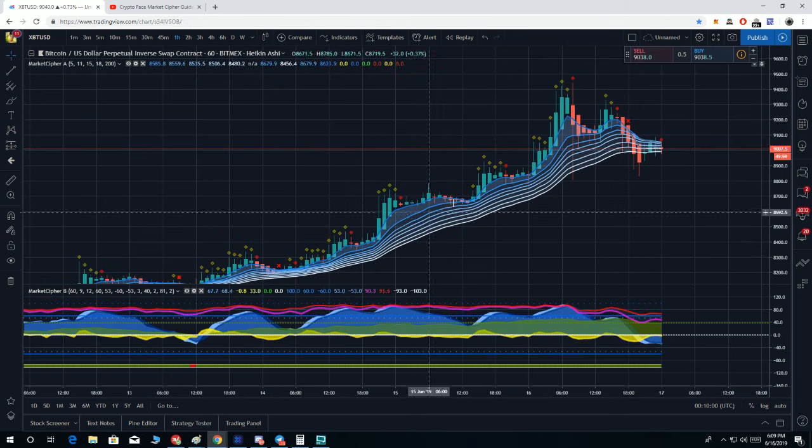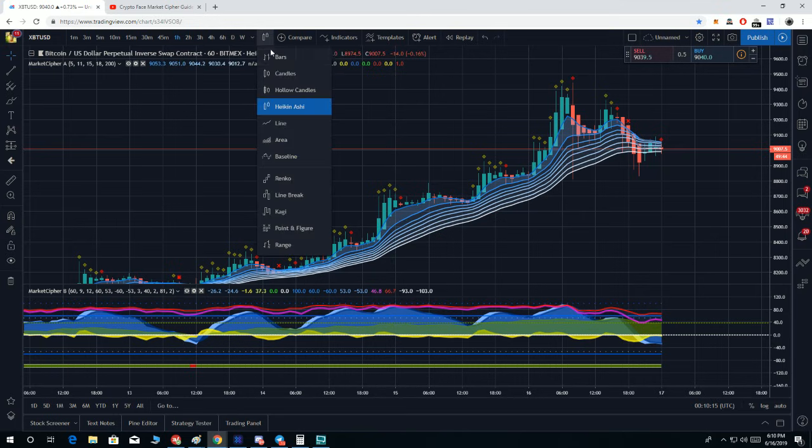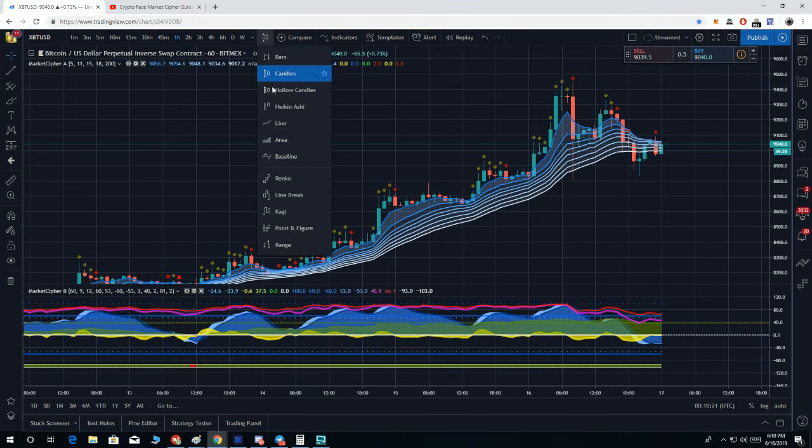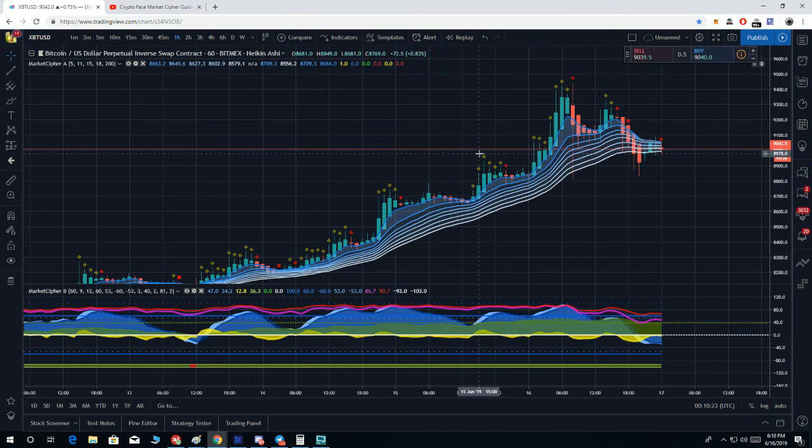They give you a clear vision of the pattern and trends. I think of Heikin Ashi candles like a built-in Elliott wave type of pattern, and you can recognize the market much easier. When I go back to regular candles, I'm like, how do people even trade this stuff? It is unbelievably confusing. Stick with Heikin Ashi candles, okay? I never use regular candles. So make sure you're on Heikin Ashi candles with Market Cipher, okay?